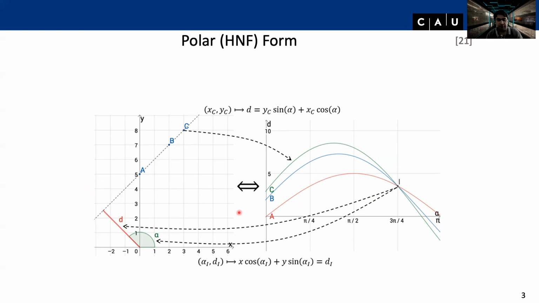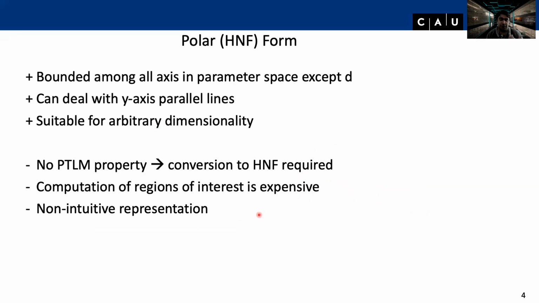In our cases, like for clustering or for data mining, it doesn't make that much of a trouble, because you can easily translate this sinusoidal function, this polar representation of the Hessian normal form, into the non-polar or Cartesian Hessian normal form. However, the computation of regions of interest is expensive.